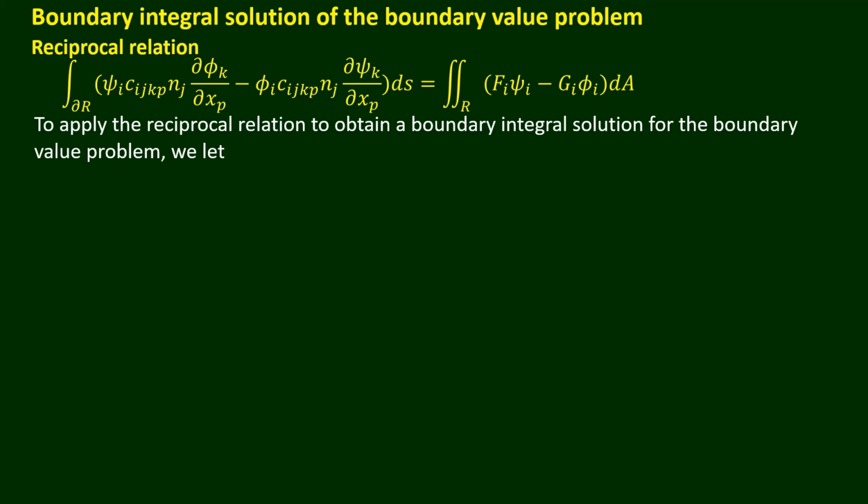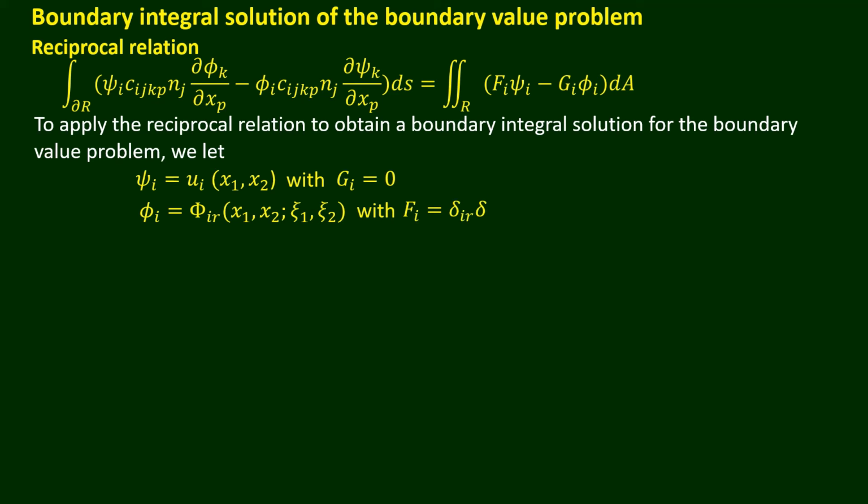To apply the reciprocal relation to obtain a boundary integral solution for the boundary value problem, we let psi equals u_i(x1, x2) with g_i equals 0, and phi equals capital Phi_ir(x1, x2; ξ1, ξ2) with f_i equals Kronecker delta_ir times Dirac delta(x1 − ξ1, x2 − ξ2) for r equals 1, 2, 3.